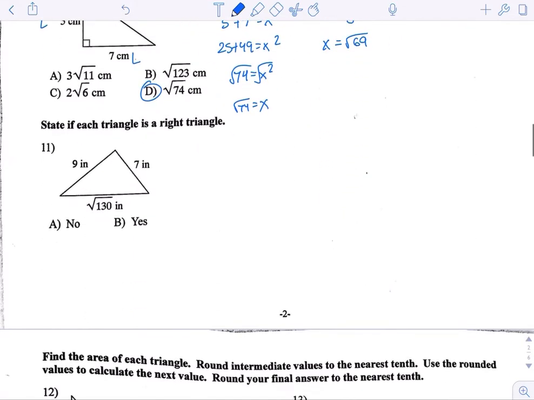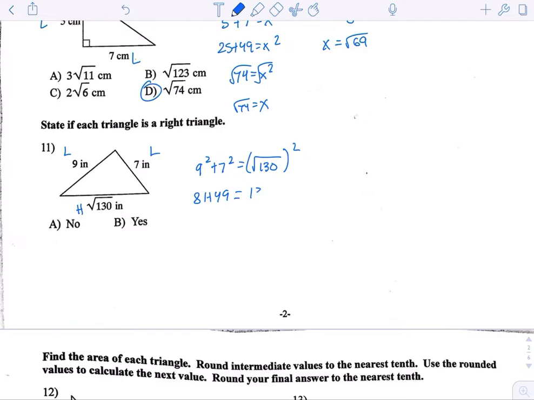Alright, 11. This says state if each triangle is a right triangle. So, in order for the Pythagorean theorem to work for this, or to test if it's a right triangle, the Pythagorean theorem must be true. So I'm going to assume that's the hypotenuse. And let's just test it out. 9 squared plus 7 squared is equal to the square root of 130 to the second. 81 plus 49 is equal to, so remember, square rooting, when you take it to the second, that just cancels.